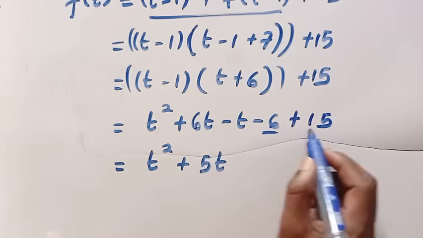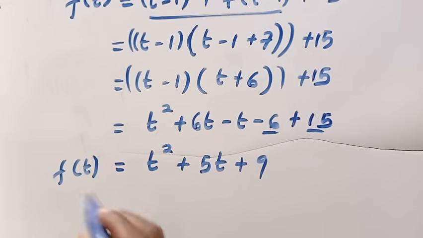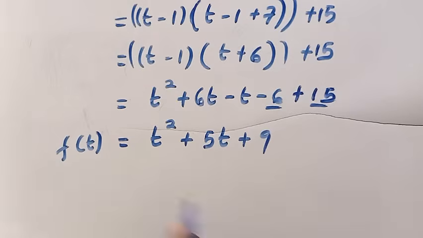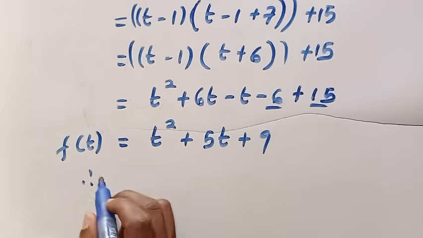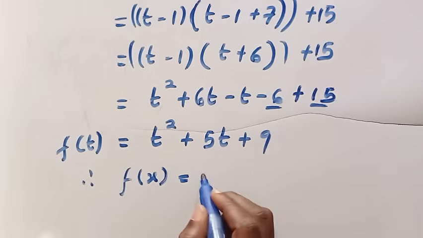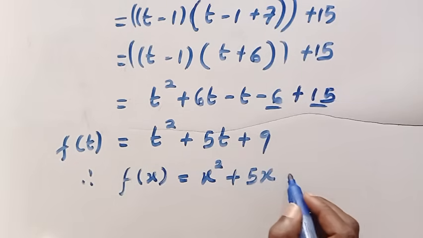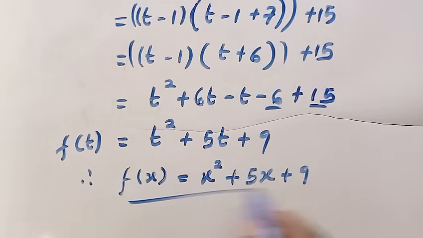Then minus 6 plus 15, that gives us plus 9. This is for f(t). Therefore, since x and t are members of real numbers, we change this one to x, and we have x² + 5x + 9. That is just what I got in the first method.